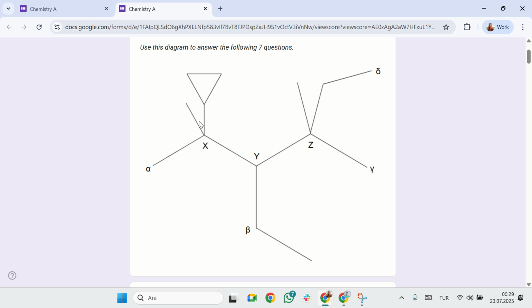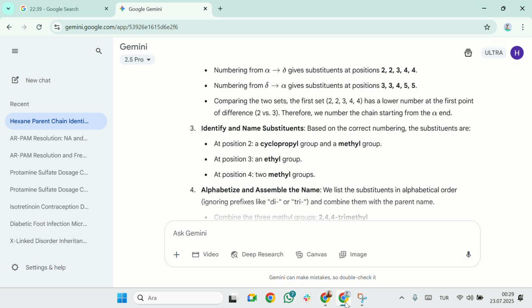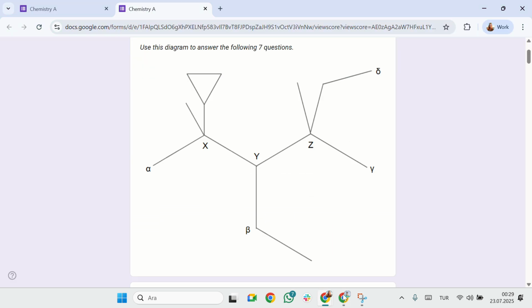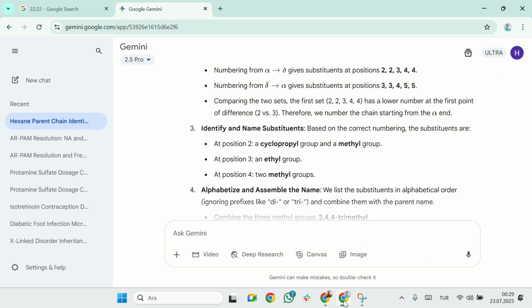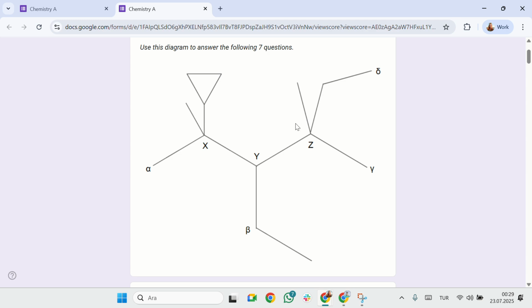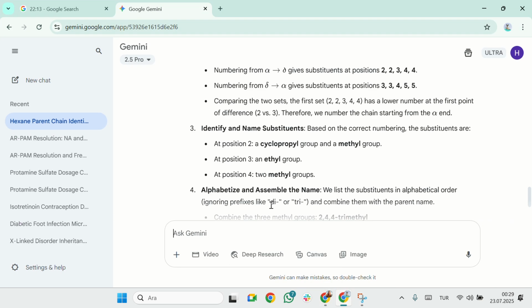So CH3 should be a methyl group. So okay. At position 2 we have cyclopropyl and methyl. At position 3 there's an ethyl group which has 2 carbons. Okay, that's okay. At position 4, 2 methyl groups, methyl and methyl. Okay, got it.